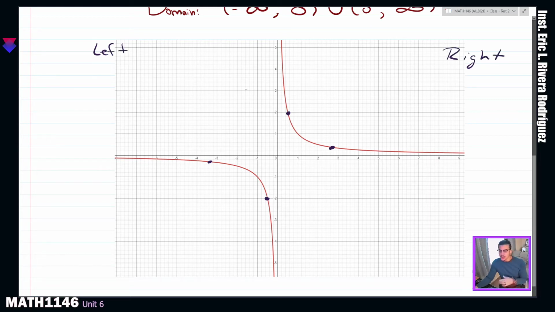Okay, what is that thing that separates the left side from the right side? A rational function has something that is called asymptotes.